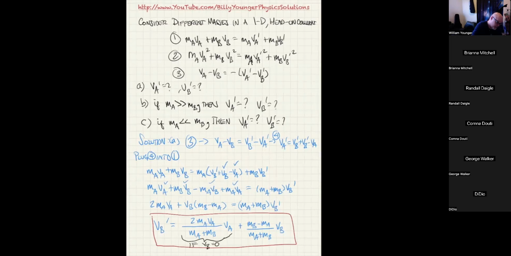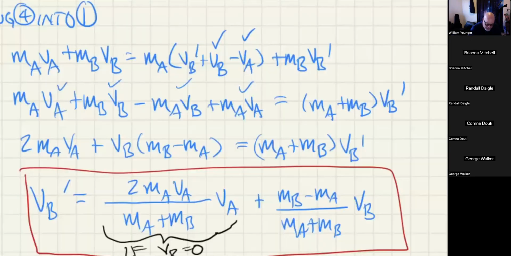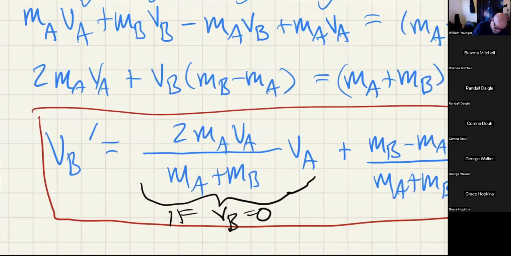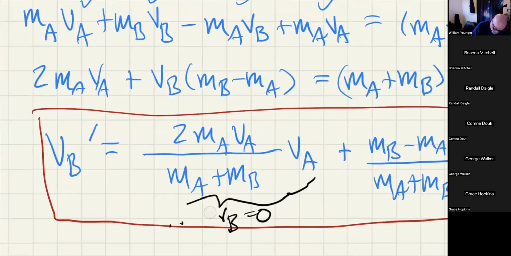Uh-oh, running out of time. That's actually a pretty nice expression because it looks like the tension from the Atwood machine. And what you'll find out is another equation that comes up when you're solving this looks like the acceleration from the Atwood machine. So it's actually a pretty astute and helpful observation.